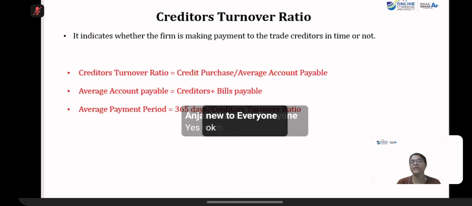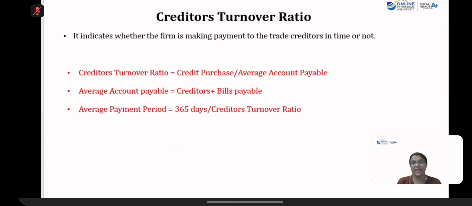Then you have the creditors turnover ratio. Now, who are your creditors? Your suppliers. So this indicates how efficiently a company is paying its suppliers, the number of times a company pays its accounts payable.